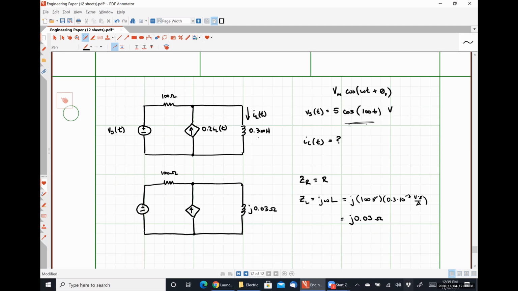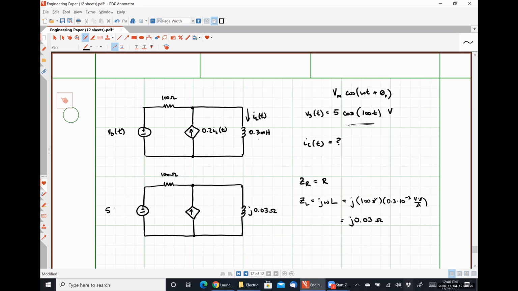What is the phasor representation of that voltage? So I agree that there's going to be a 5. What's next? All right, 5 with a phase angle of 0 degrees volts.